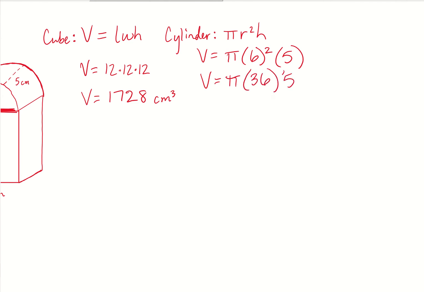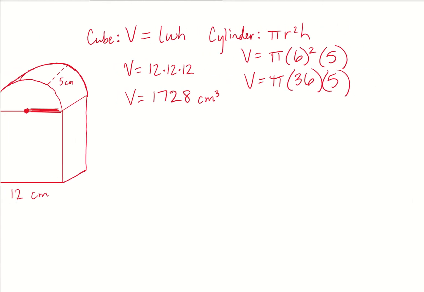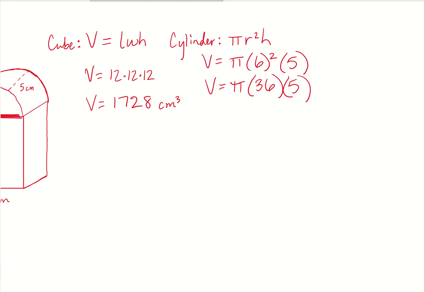All right, and then real quickly, I want you to notice this here is only half of a cylinder, right? So because of that, we're going to take this and divide it by 2. And the reason is it's only half of a cylinder.